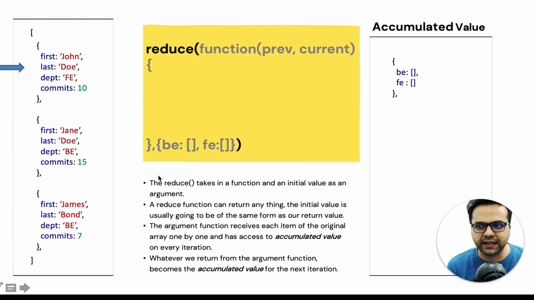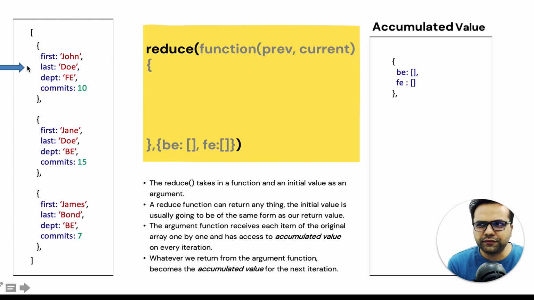So we have kept this as our initial value. Initial value is usually of the same shape or the same structure as our end result. As we practice, the intuition will start to develop. Then the reduce function gets the previous value and the current value in every iteration.